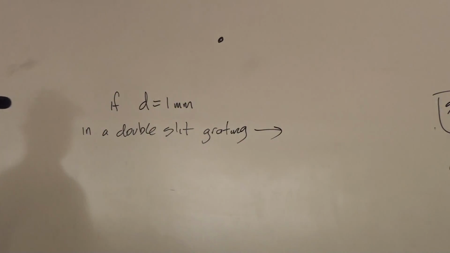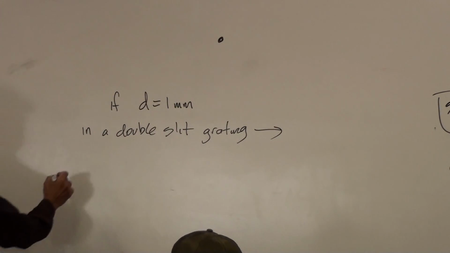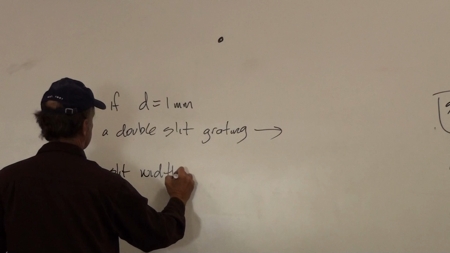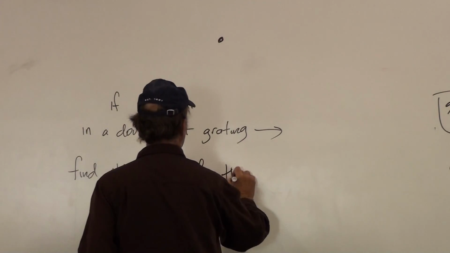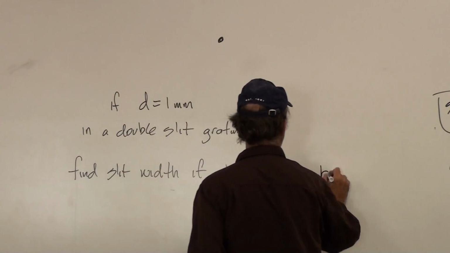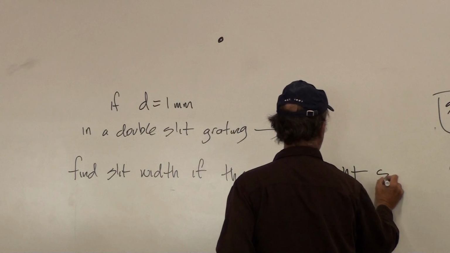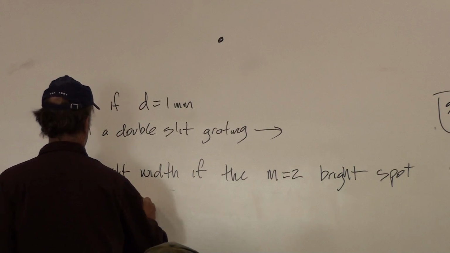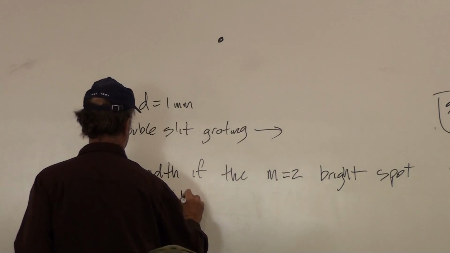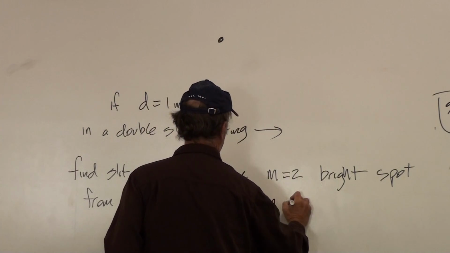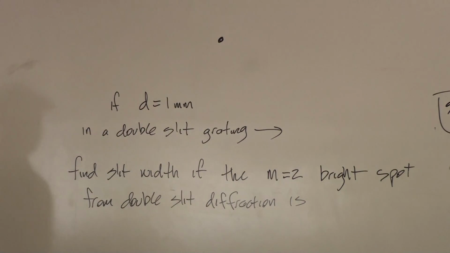Then let's find the slit width of each slit, if the m equals 2 bright spot from double slit diffraction is wiped out by the m equals 1 dark spot from single slit diffraction.